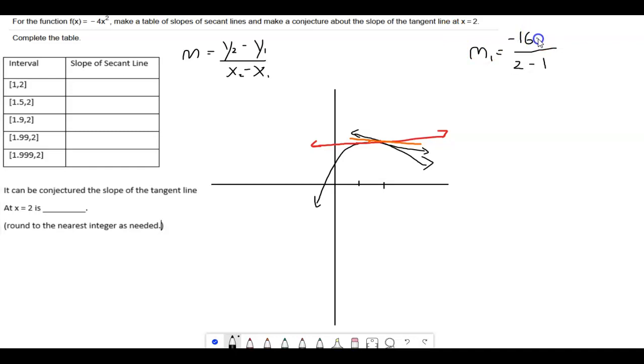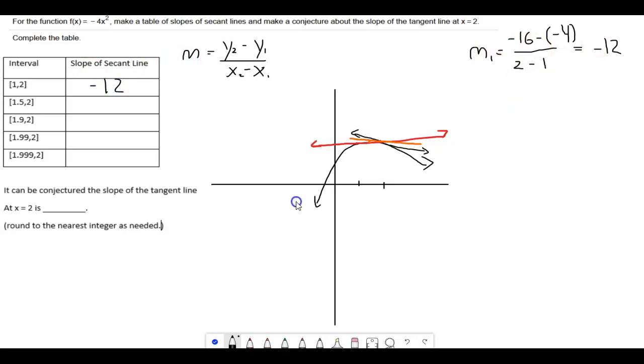Minus, and the 1 corresponds to negative 4. If I put this in my calculator, negative 16 plus 4 is negative 12 over 1 is negative 12.